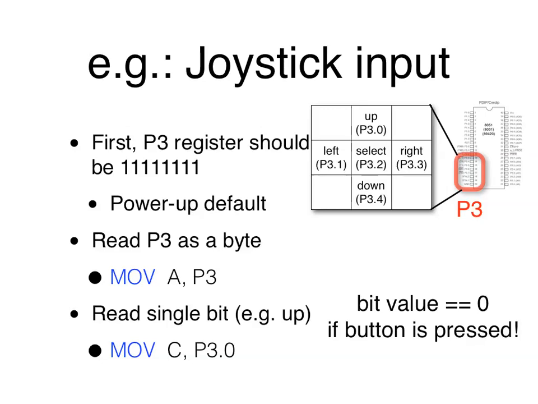So how do you know if a button is pressed or not? If you know the schematic, then you know that if it's pressed, it's 0. If it's not pressed, it's 1. So that's how you can read the input from a joystick.